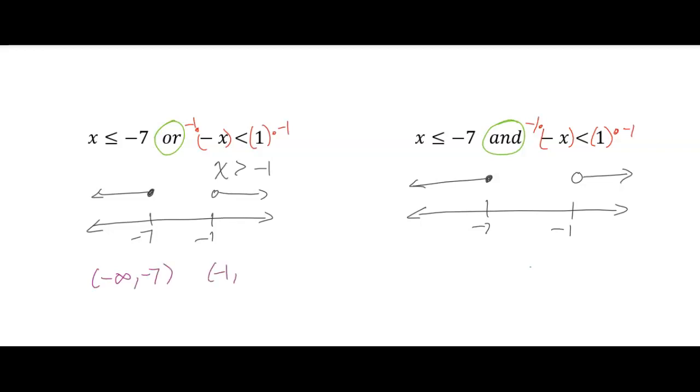All of this stuff is also part of the answer. And then to say that this is really one big answer to this one complicated question, you put the union symbol from set theory in between. So anytime you see the word or in one of these multi-part inequality problems, what it means is to include everything from either part.